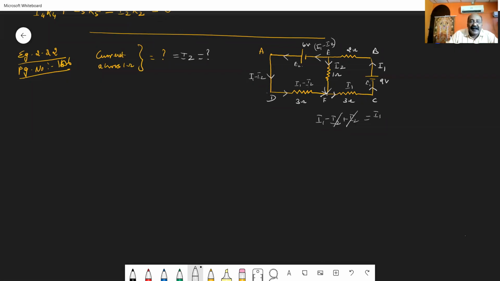Let us first consider a closed loop. First of all, I am considering the closed circuit B, E, F, C, B. That is the path along which I am moving.